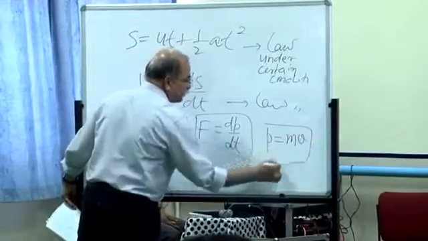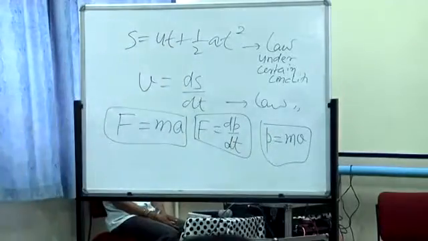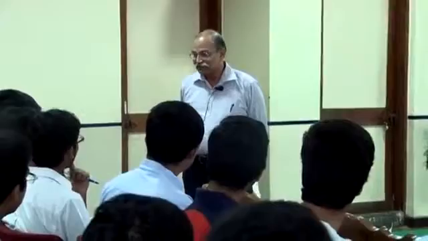Which one is the law of these three? Second one? First one. What about the second one? Second is the law. And the first one? Is also a law, right?